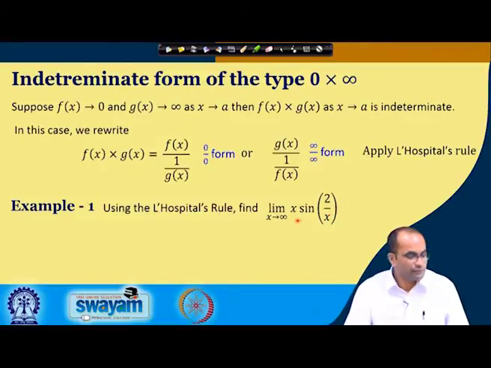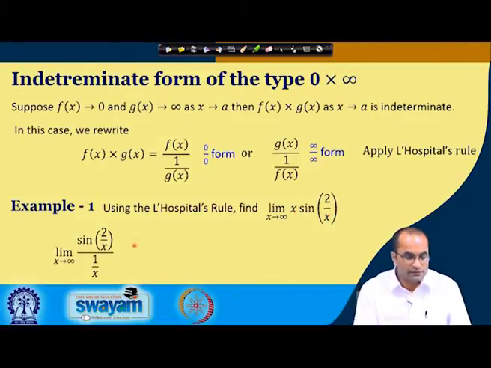So, we can bring this x to the denominator as 1 over x, and then sin 2 over x. Now we have the 0 by 0 form, since sin 2 over x goes to 0 and 1 over x also goes to 0. We can now apply the L'Hopital rule.